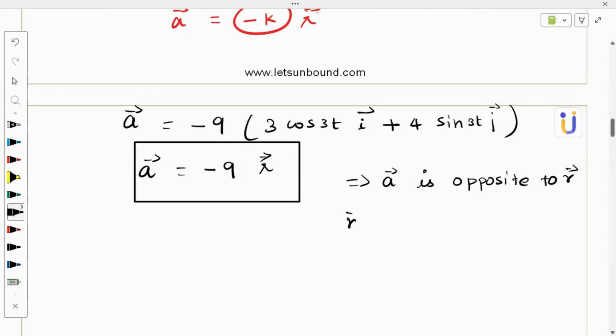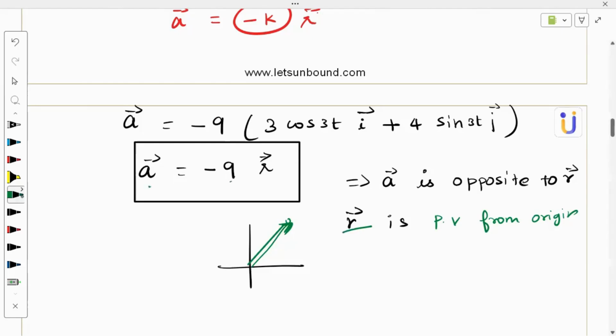Now, what is R? R is a position vector from the origin, right? So position vector means this is your point and this is how it will go. So R is the position vector from the origin, like it's moving away from the origin. If the other vector, the A vector, is a negative multiple of this R, it will move inwards towards the origin. Correct?